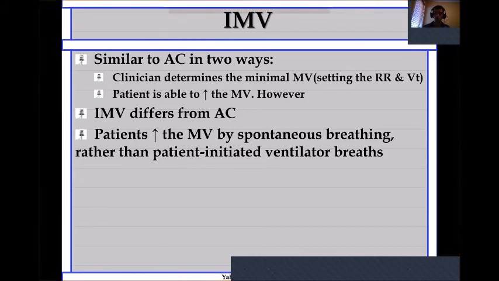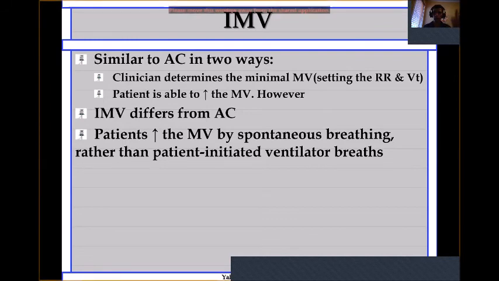So in intermittent mandatory ventilation, you will have mandatory and you will have spontaneous. You will never have assisted. That's the difference. In assisted control, you will have mandatory and assisted. In IMV, you will have the mandatory and the spontaneous, not assisted.